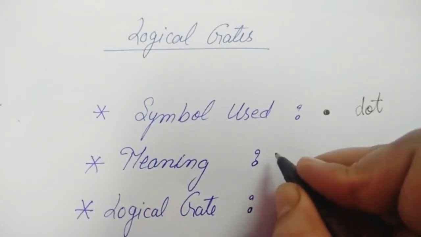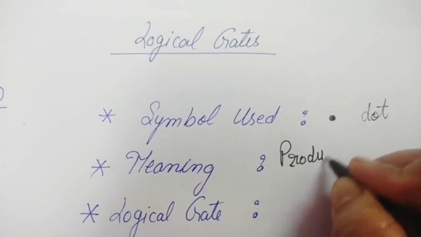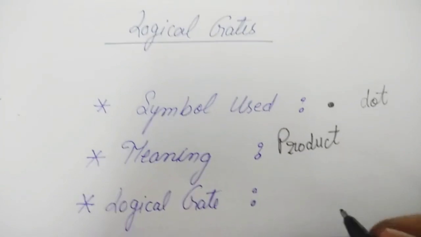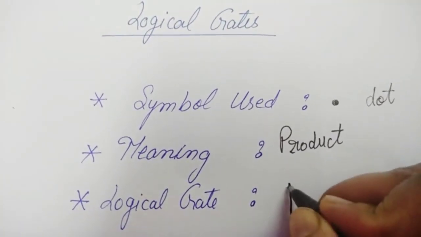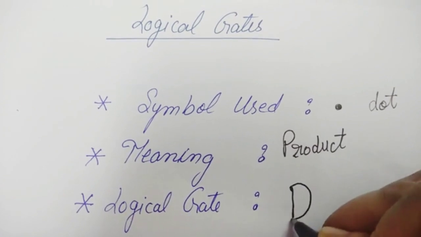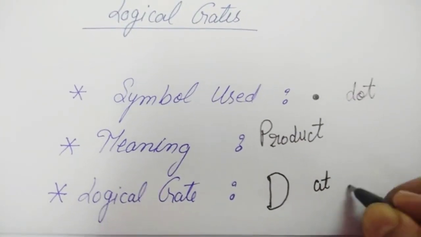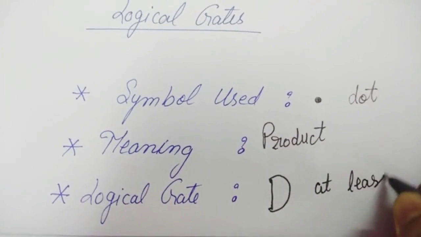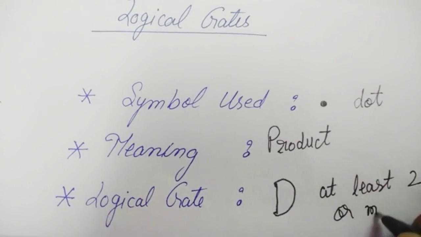The meaning is product. And the logical gate used for AND is this sign. And it works with at least two or more inputs.